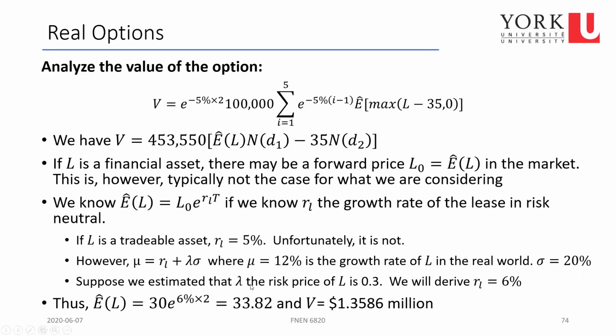Let's say for the sake of argument here, the risk price is 0.3, then you somehow come up with a 6% here, okay? On the other hand, you may say that, okay, I know the risk rate for financial assets is 5%, but this is probably not a financial asset, so you'll be somewhere around 5%. Then you can do some estimate and get a number around this.